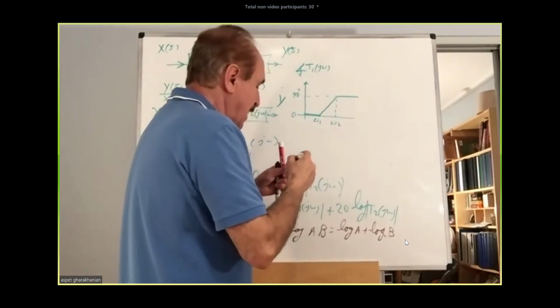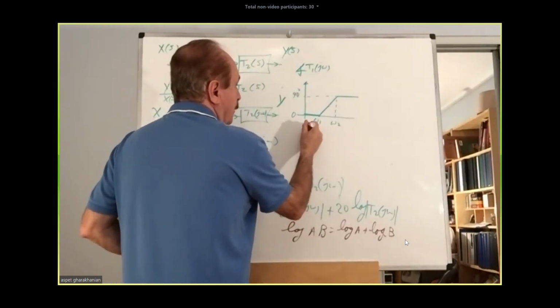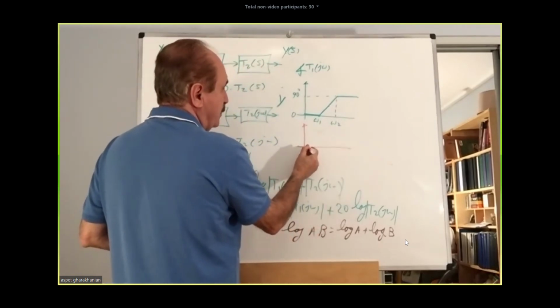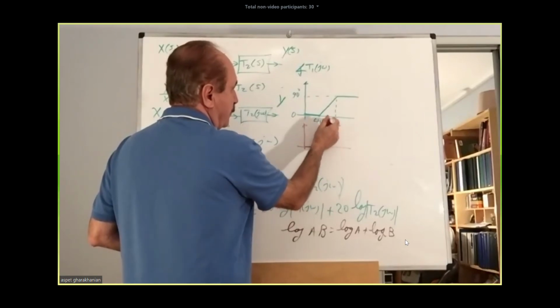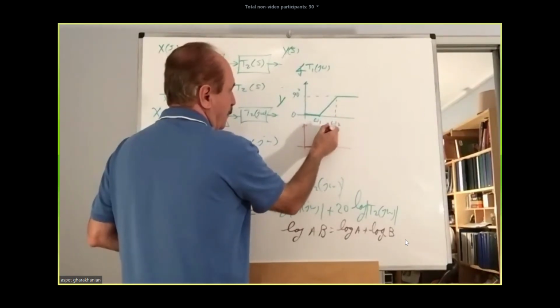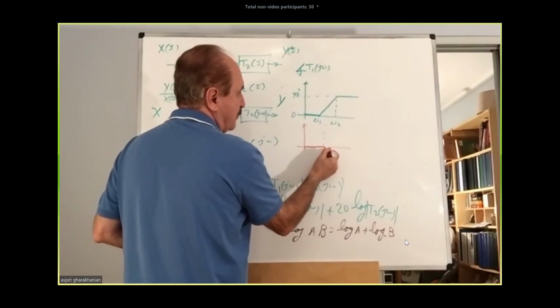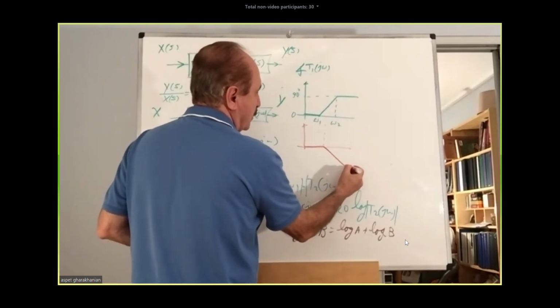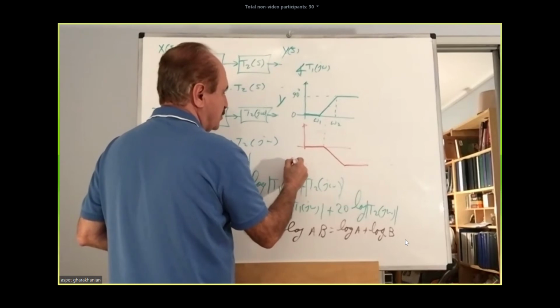And you had, for instance, the angle of the other one here, going all the way to here, and then going down at the same rate, then becoming, say, minus 90 degrees.